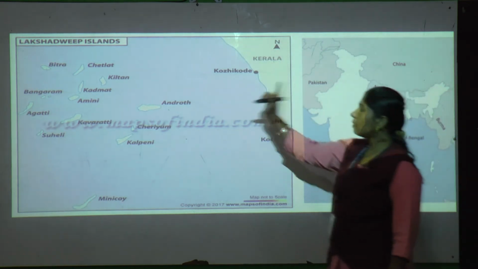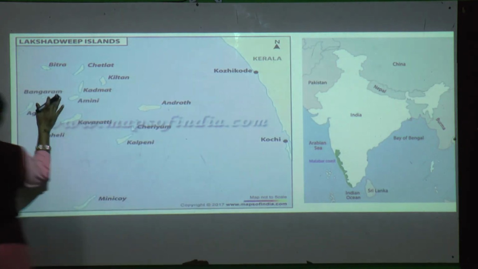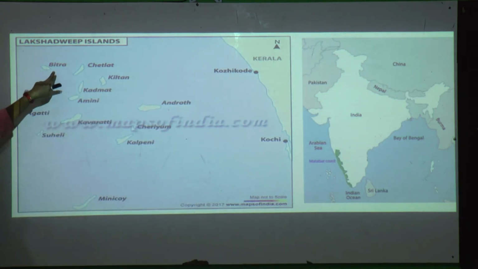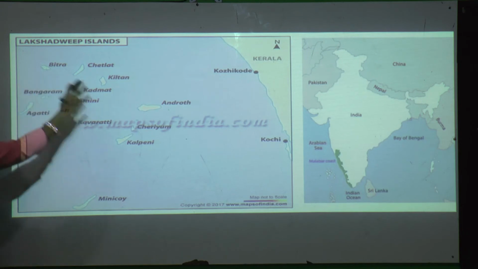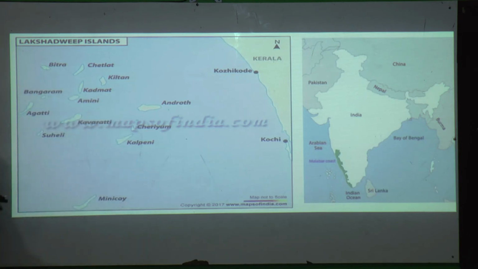Going closer, they look like this. These are named Bitra, Chetlat, Kiltan, Kadmat, Amini and Kavaratti. These are the small islands. So how many islands are there altogether? It is a group of 30 islands.